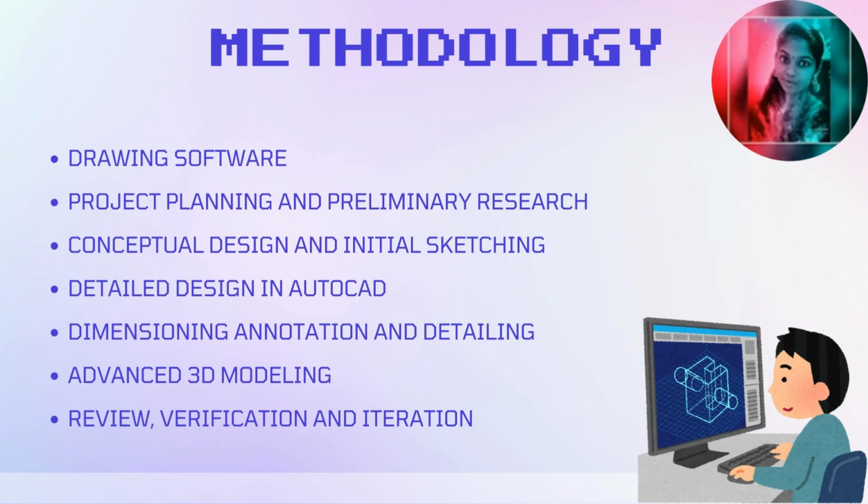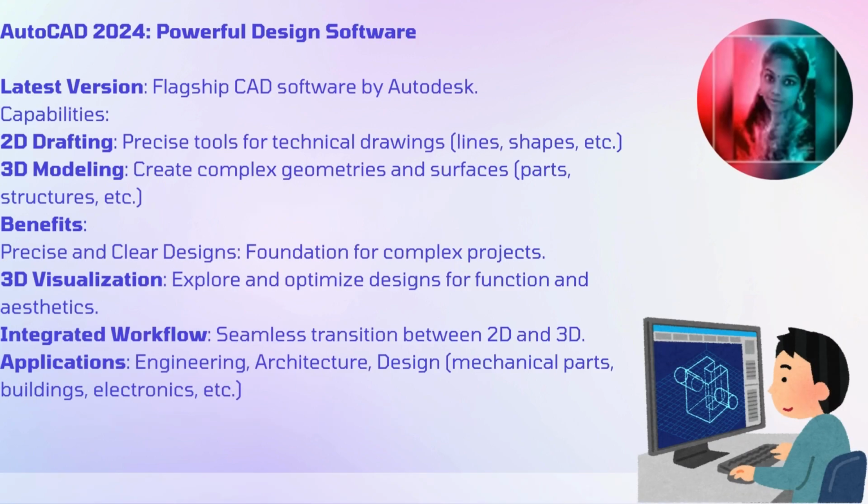First of all, for the design software, we use AutoCAD 2024, a powerful design software, the latest version of the flagship CAD software by Autodesk. Its capabilities are 2D drafting, a precise tool for technical drawing, lines, shapes, and so on. 3D modeling creates complex geometries and surfaces, parts and structures, and so on.